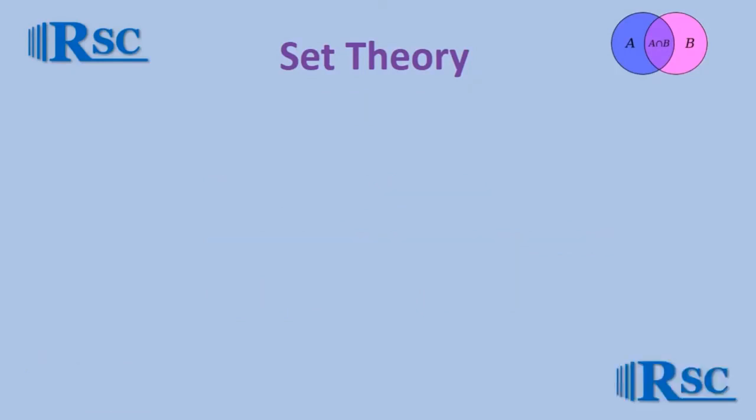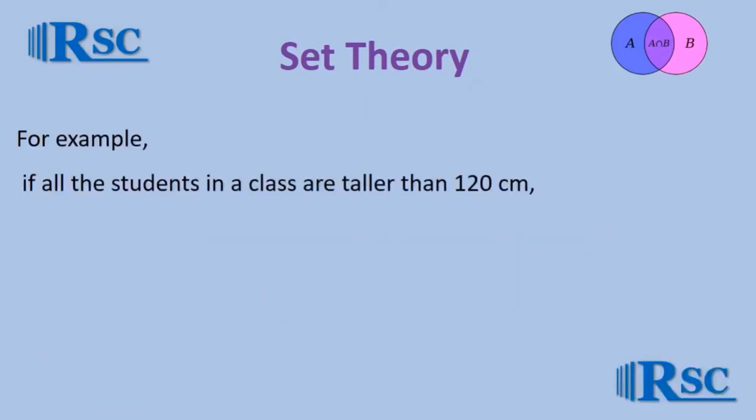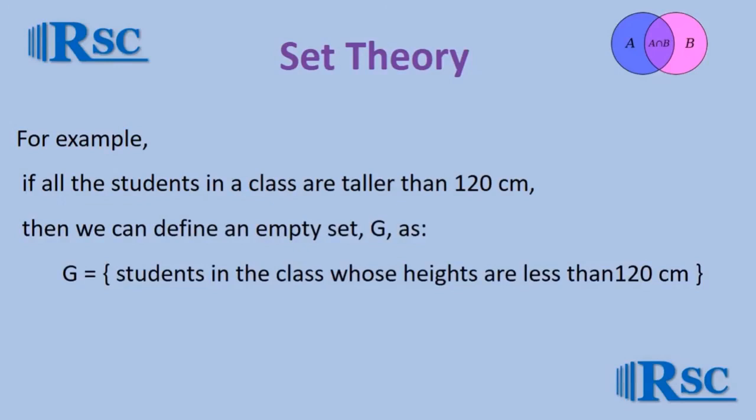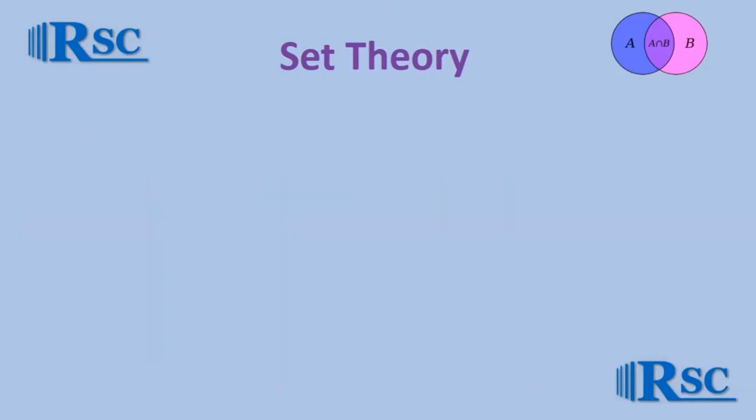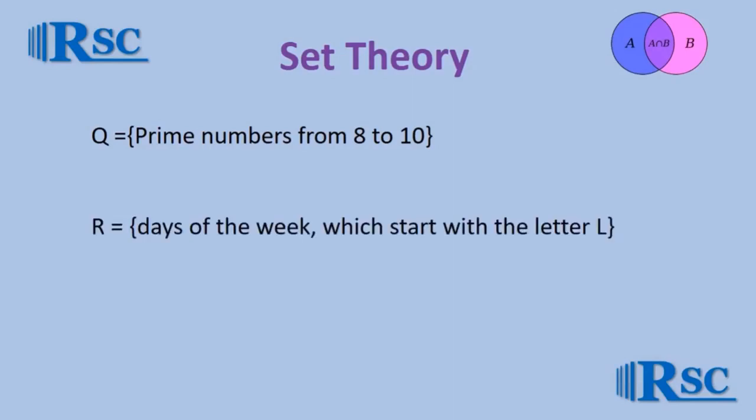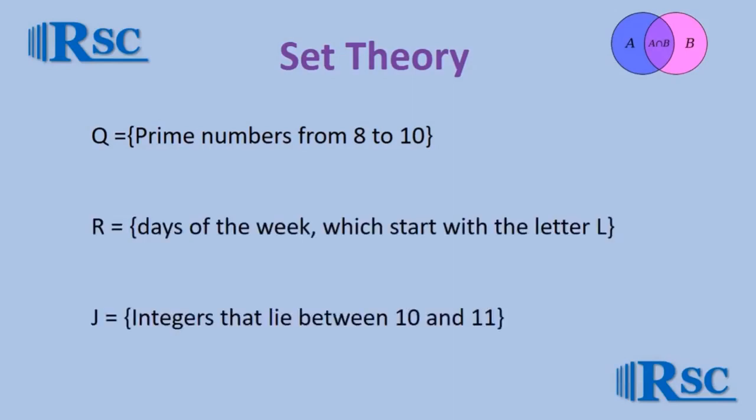For example, if all the students in a class are taller than 120 centimeters, then we can define an empty set, let's say G, as the students in the class whose heights are less than 120 centimeters. Since there are no members in the set G, we say that the set G is an empty set. The following are some more examples of empty sets: the prime numbers from 8 to 10, days of the week that start with the letter L, and integers that lie between 10 and 11.